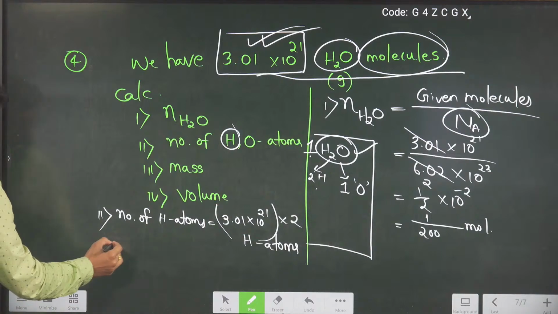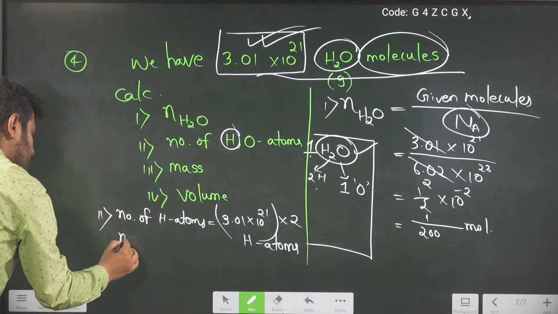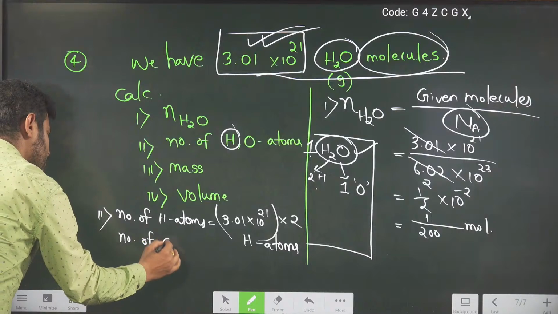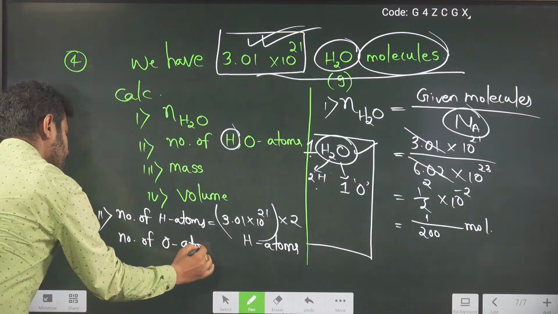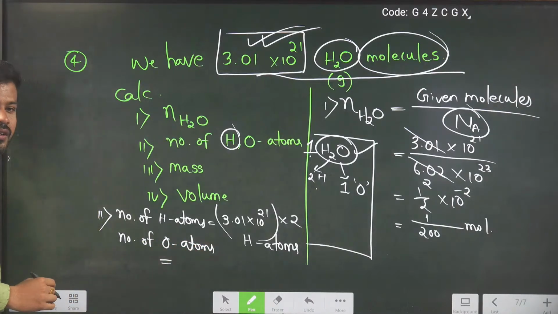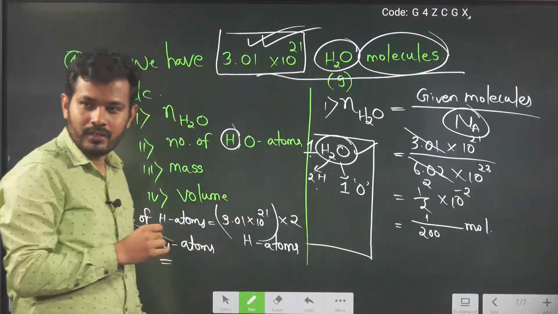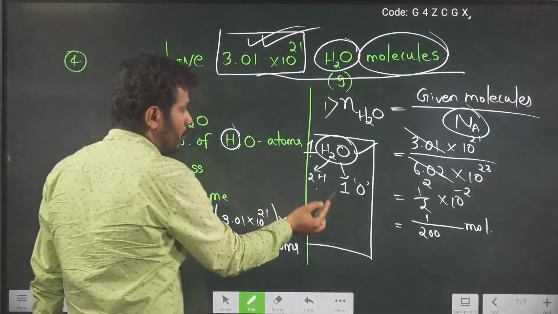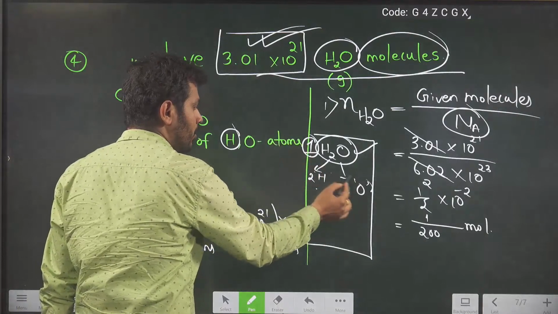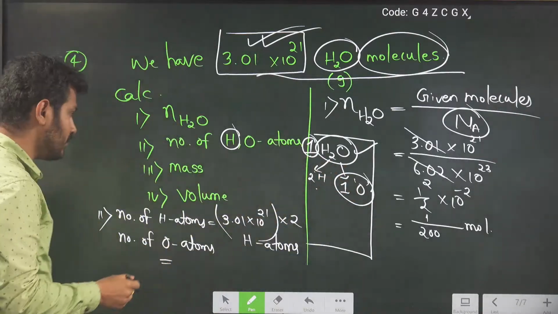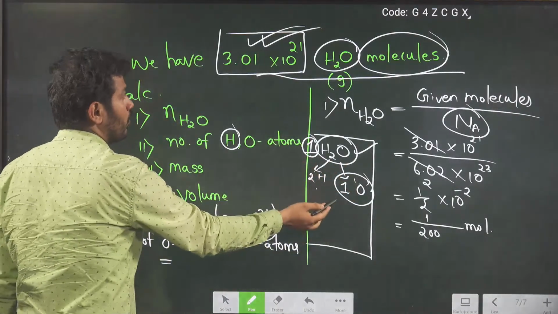Next, what else do we have to calculate? Number of oxygen atoms. Number of oxygen atoms means whatever H2O molecules are there, the same number of oxygen atoms will be there. So it is exactly equal to the number of water molecules.